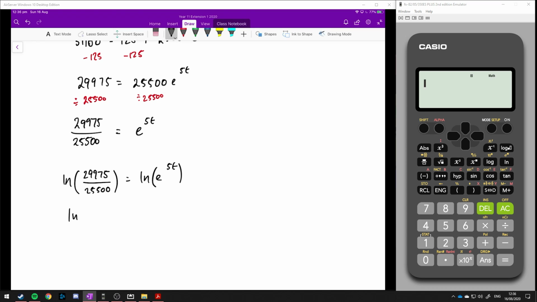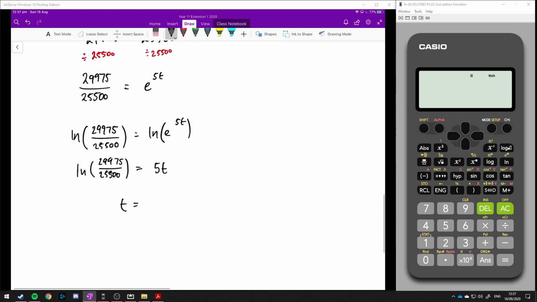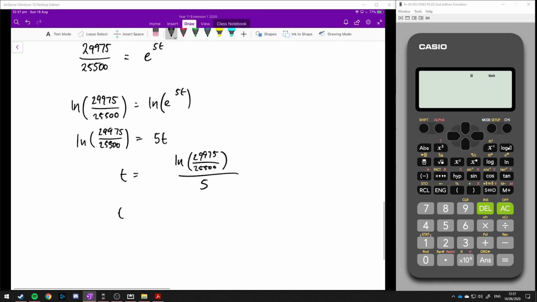So that's going to give us that the log of 29975 over 25500 is equal to 5t, and so that t must be equal to this over 5.